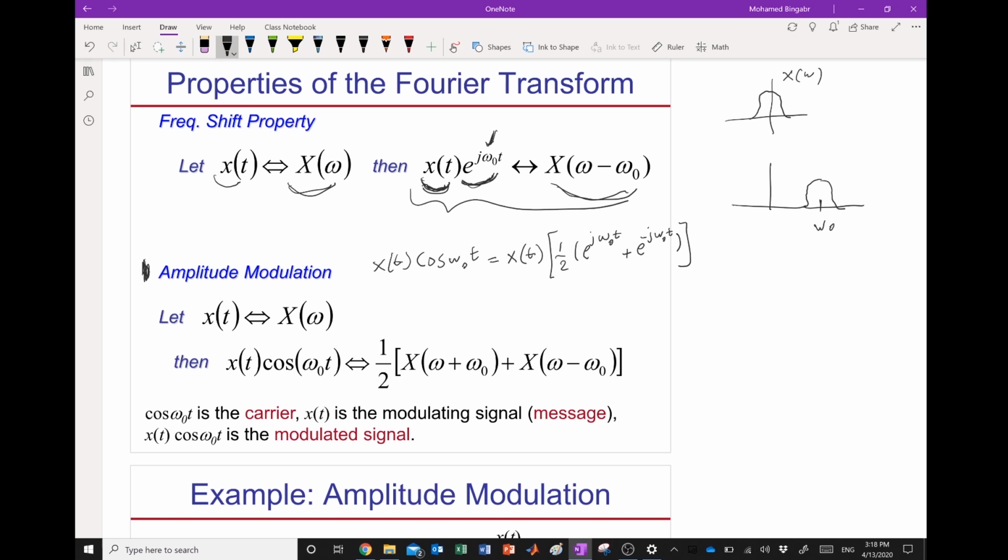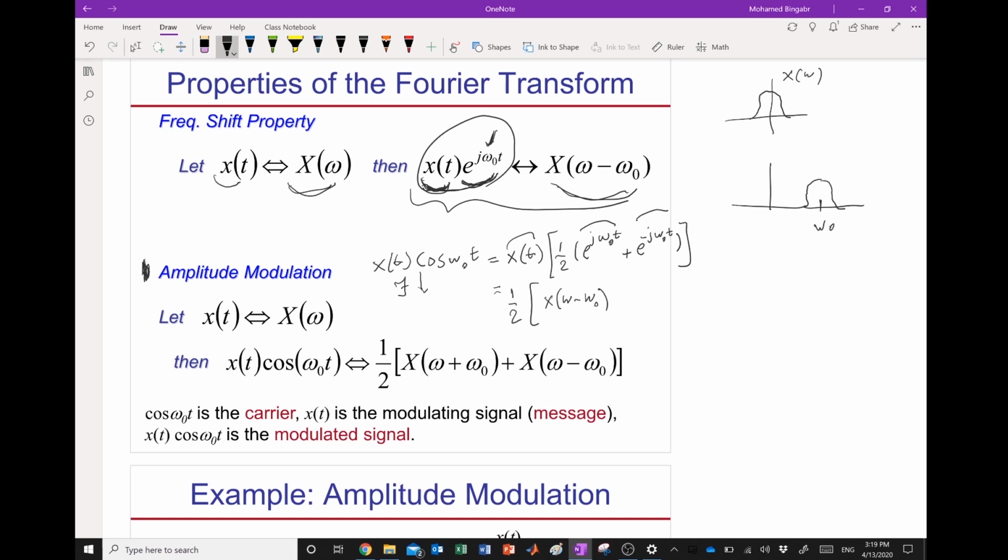And if I need to find the Fourier transform of this function, it will be the Fourier transform of half, which is a constant, comes out, x of t multiplied by this e to the j omega 0 t. We use this property. So it will be x of omega minus omega 0.